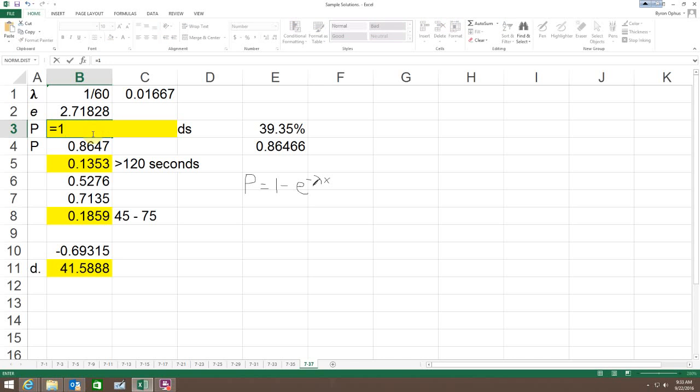It is equal to 1 minus our E, and to the power, so we got to use our shift and our 6 key, and then a parentheses, and then a negative, and times 30 is my x in this case, right, and parentheses, and hopefully that'll work. Yeah, I come up with a 39.35% chance.